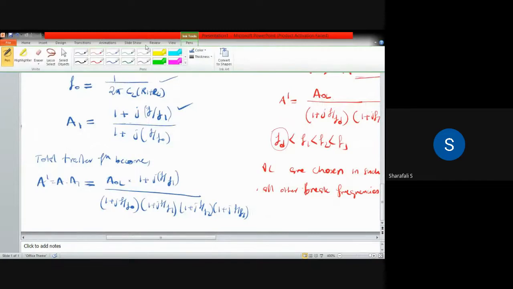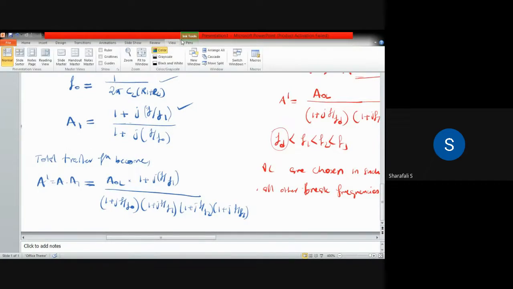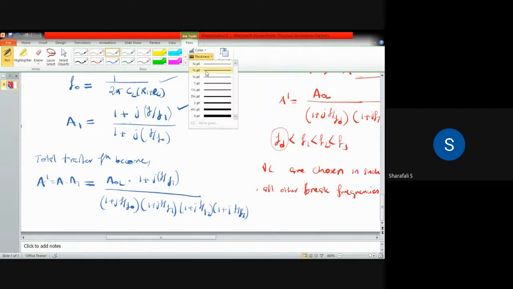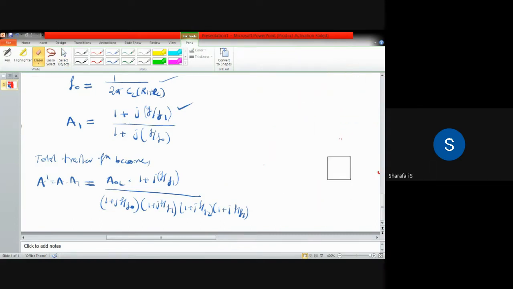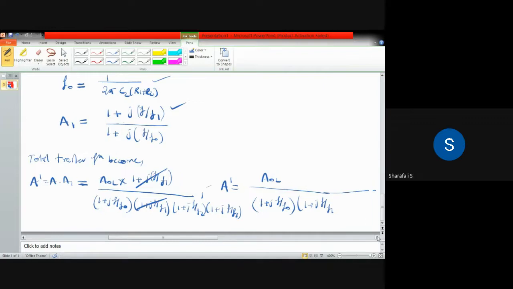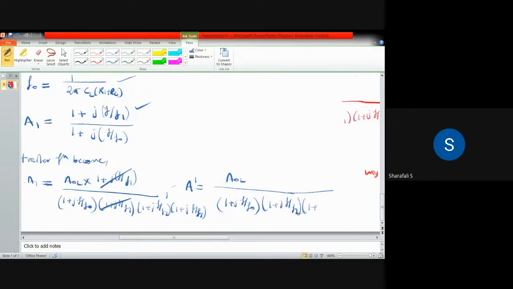Now what will happen to this equation? Because we have the same term in numerator as well as denominator, these two terms will get cancelled, and the resultant A dash is A0 divided by 1 plus j into f by f0, then the f2 term and the f3 term. f1 will not be there.